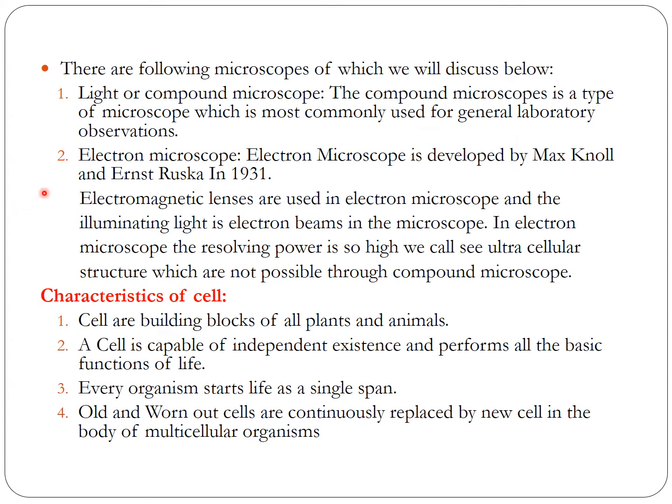One is the light or compound microscope, which is most commonly used for general laboratory observation, and the other is the electron microscope, which was developed by Max Knoll and Ernst Ruska in 1931. In this, electromagnetic lenses are used and the illuminating light is an electron beam.